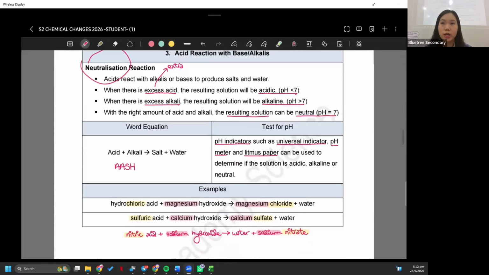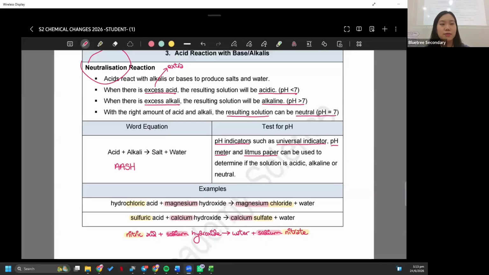So remember your MeSH, CaSH, AaSH. In MeSH, the A is acid: metal plus acid gives you salt and hydrogen. What about CaSH? Other than metal reacting with acids, we also have what starts with C? Carbonate.